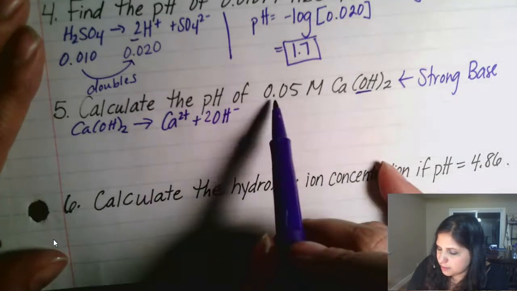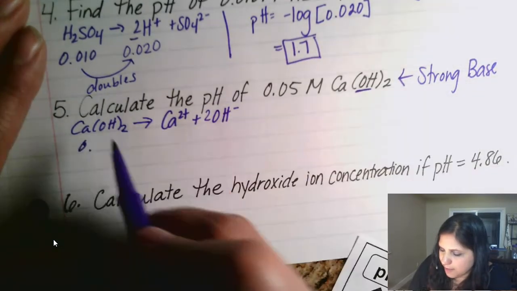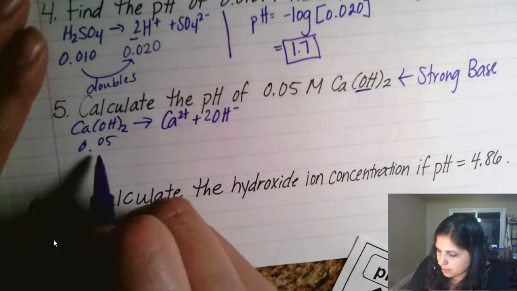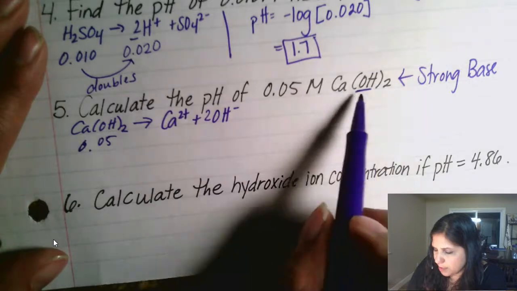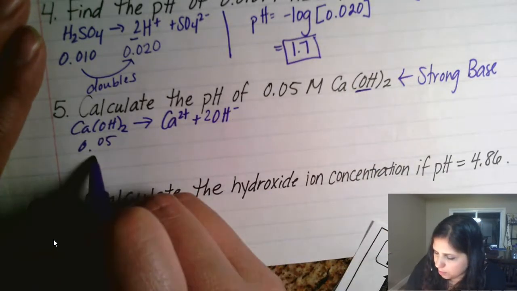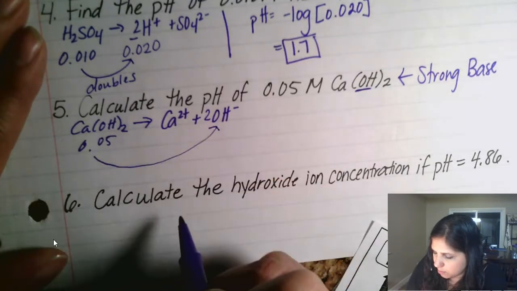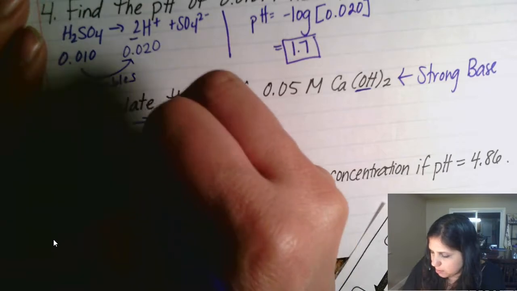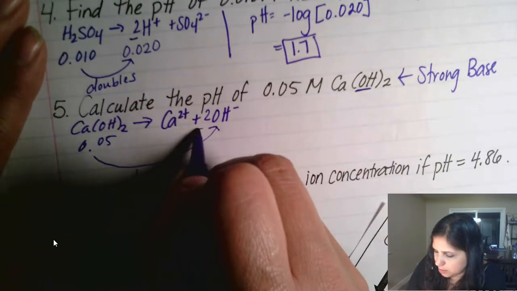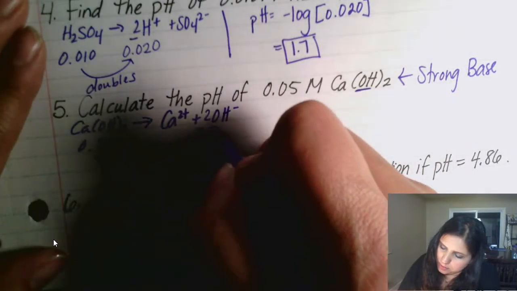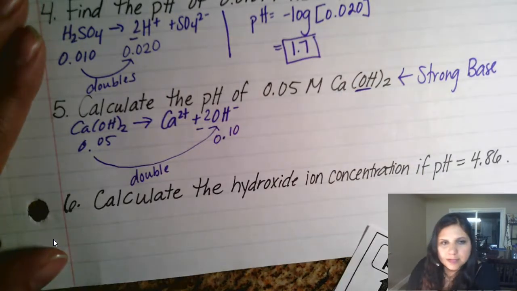All right, so if this is 0.05 molar, then we want hydroxide because we want the POH and pH, and we're going to have to do some calculations here. We want to get to here. Well, that's going to double to get to there because of that coefficient. So that's going to be 0.10 because that times 2 is 10.